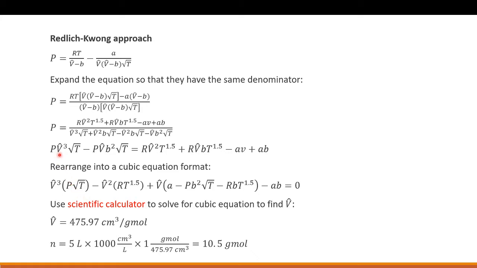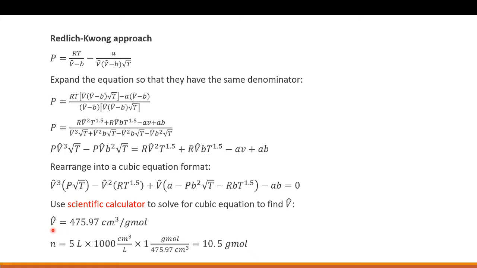So see, you have a v cap cube, you have a v cap square, v cap, and you have constants. Rearrange the equation so that it becomes a cubic equation format, and similarly substitute the known values of p here, and use your scientific calculator to solve for your cubic equation to find v cap.